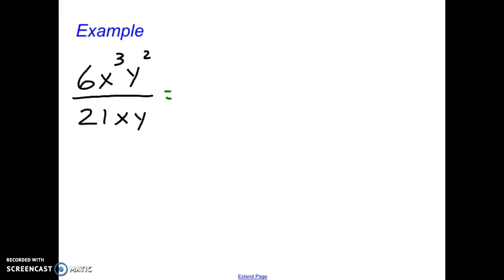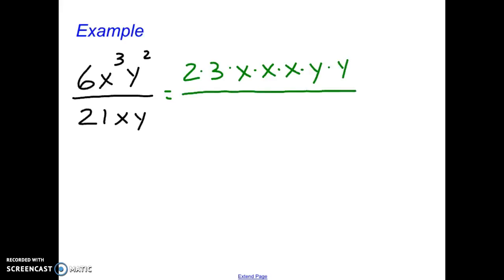For our next example, once again, you want to expand whenever possible. So 6 is 2 times 3. X cubed, we can write out as x times x times x. And the y squared, y times y. In this case, the 21 can be broken down into 3 times 7. We got the x and the y. Once again, you would look for what you can quote-unquote cancel out, or basically what simplifies to give you 1.